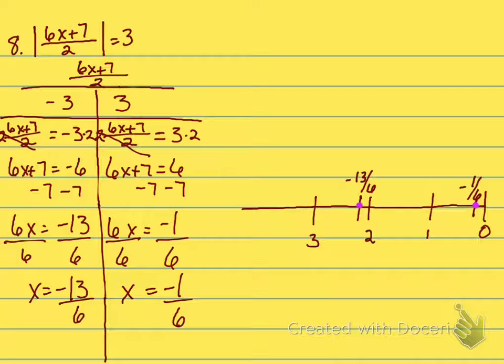So we're going to see 0, 1, 2, and 3 for our major lines. Then I will have a line for the negative 1/6 and a line for the negative 13/6, and we will put dots on both of those. Alright.